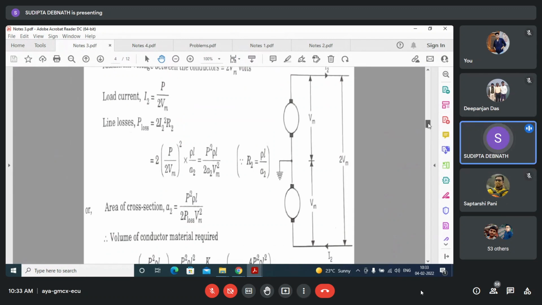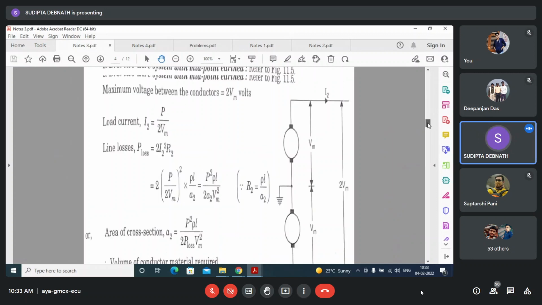So for overhead transmission lines, this is the voltage, between this conductor and this earth point, this is the voltage Vm. So you must be careful about this. If you are asked to compare the volume, you must be careful which system it is, overhead or underground. Okay. Now other treatment is exactly same.